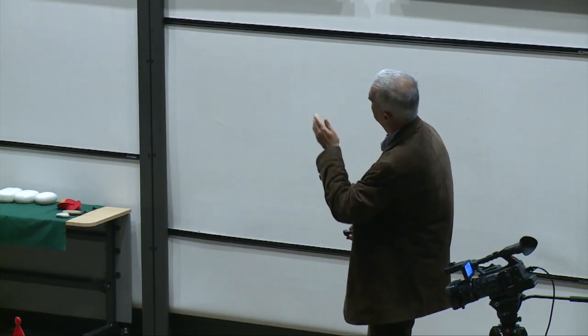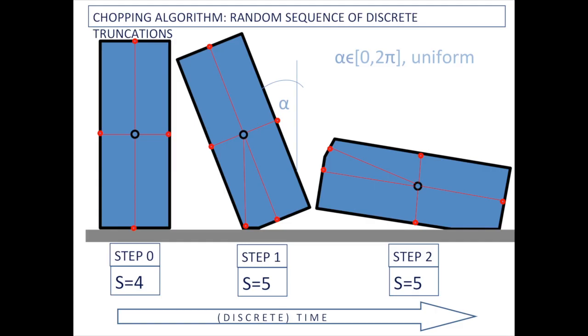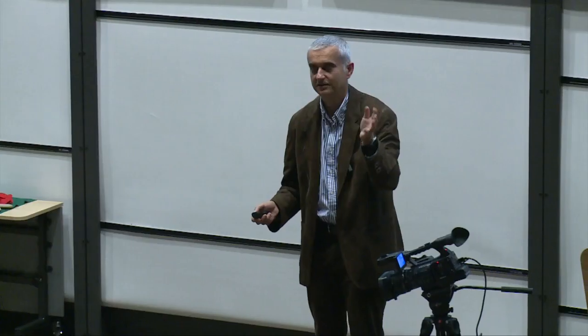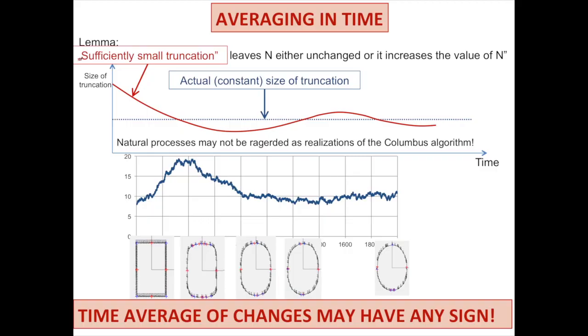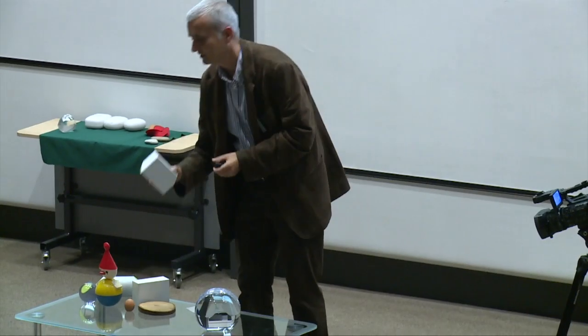So what we did, we made a computer simulation. We took a rectangle and we were chopping off diligently small pieces, and we counted the number of balance points. Here is the plot. You can see initially it went up, then it went down, then it went up, then it went down. So how is that possible? Well, we said that in order to add new points, the truncation has to be sufficiently small.